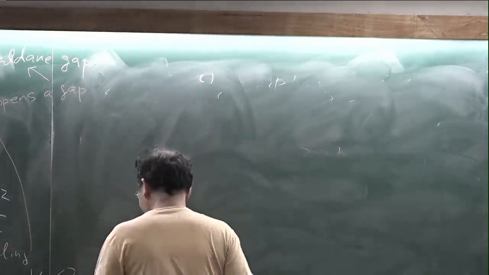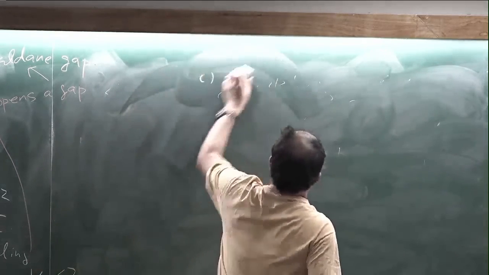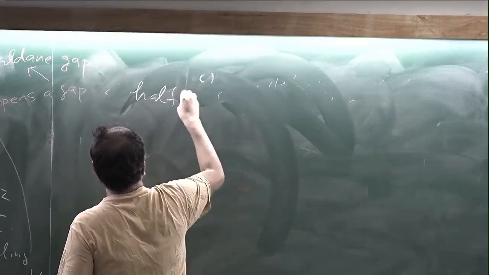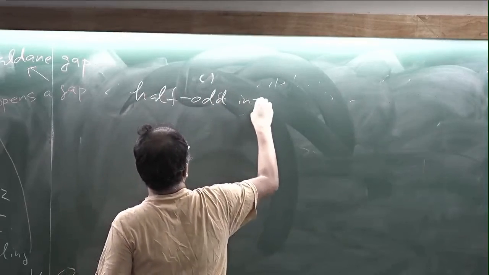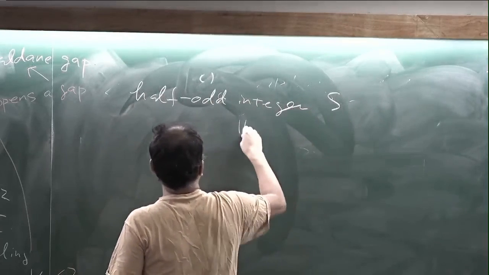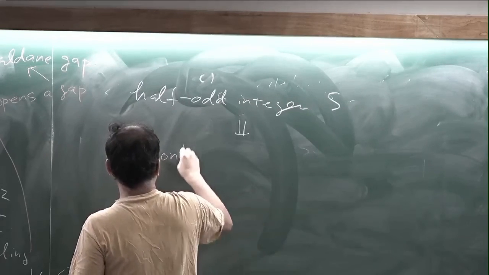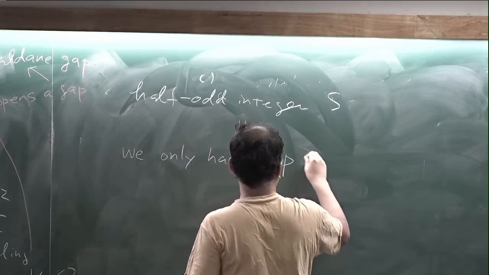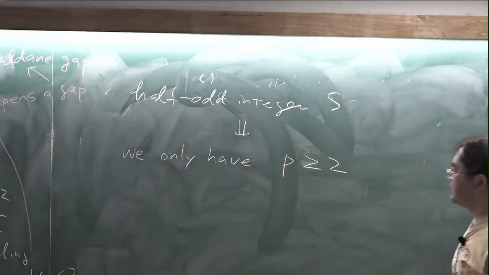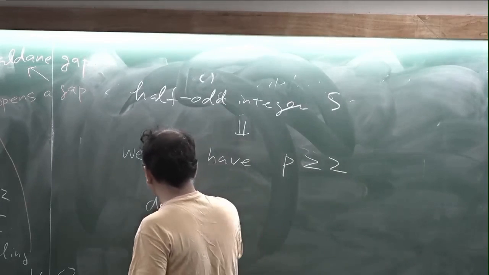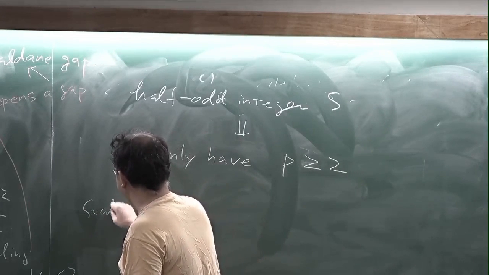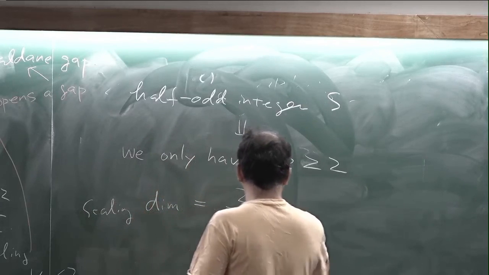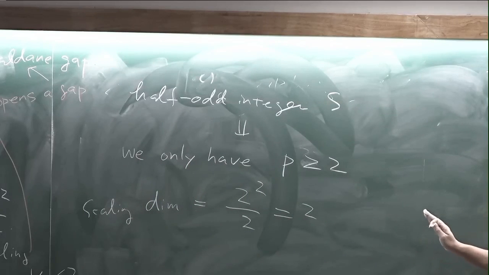So the minimum p is 2, and then the scaling dimension is 2 squared over 2, which is 2. So this is exactly 2 at K equals 1/2.